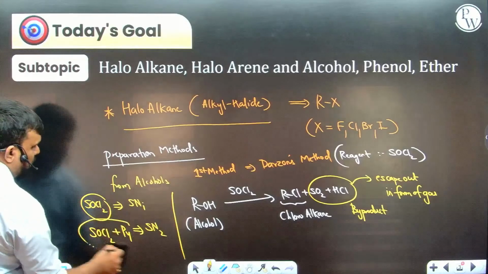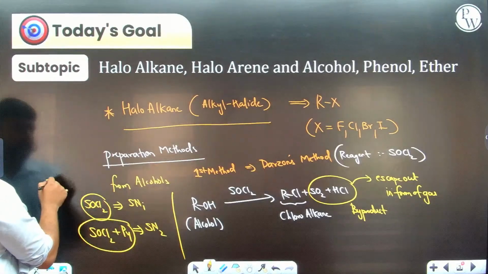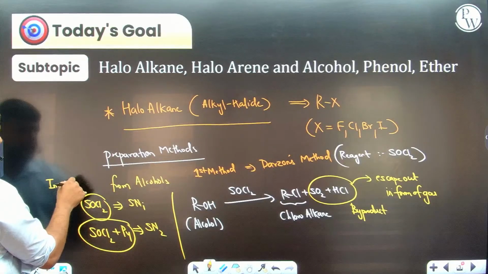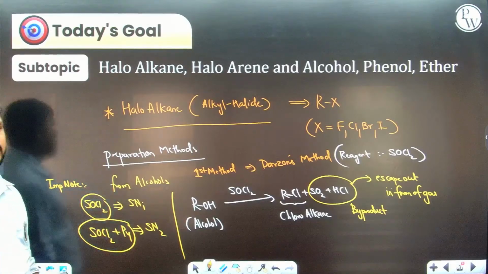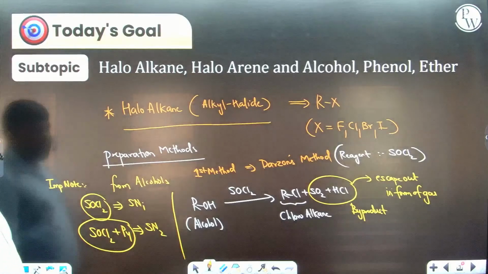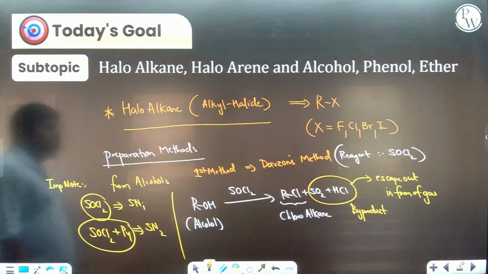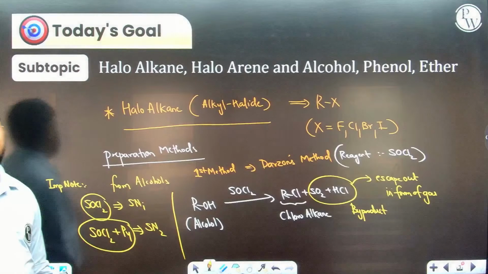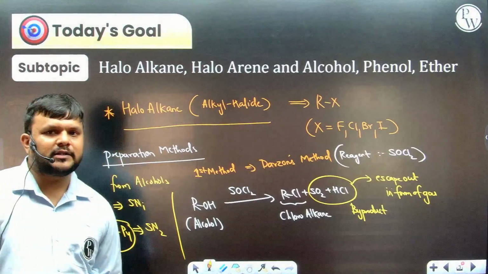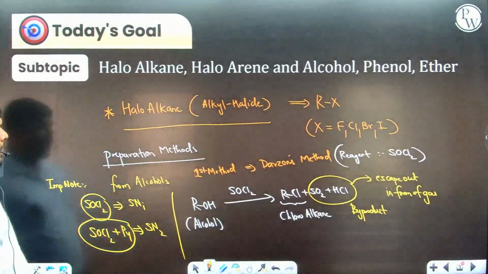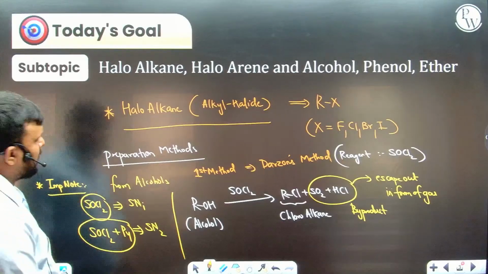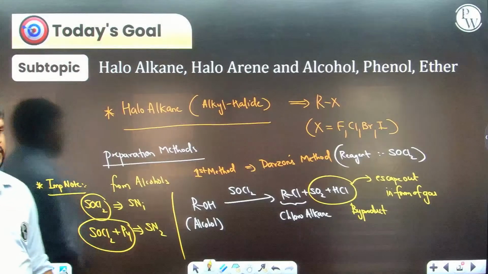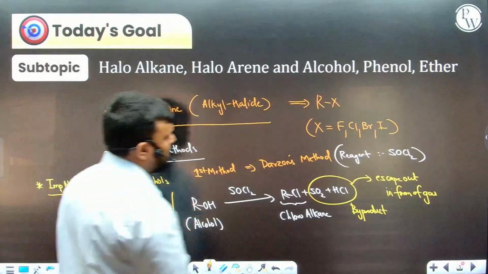This important note you have to remember: if only SOCl2 is there, it is SNi, and if SOCl2 plus pyridine, then SN2 mechanism. Very important point, because in the exam they ask it. So let us continue with the second method.